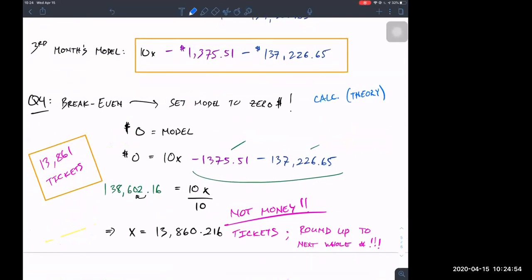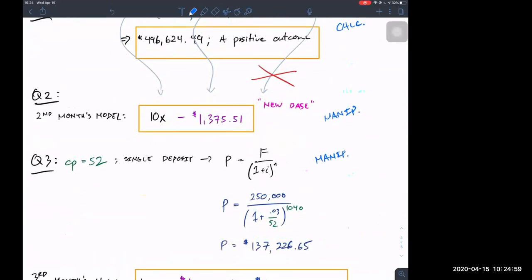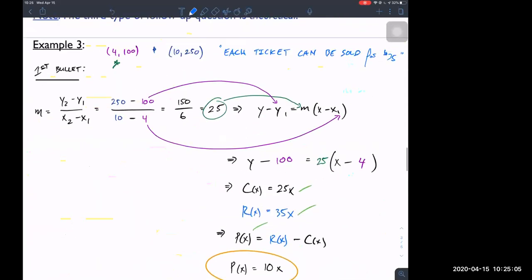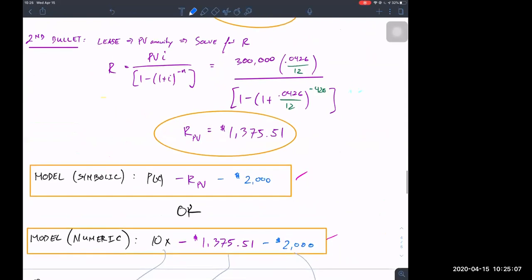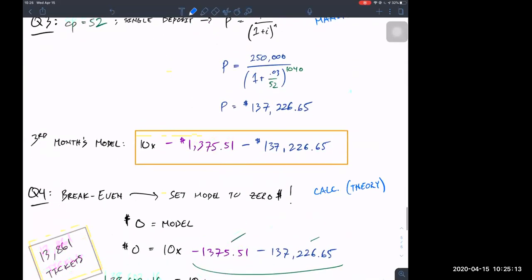So you can see that these 4 follow-up questions, right? Even though they do involve the model, they do not contribute to the model. You must construct the model as I've written out here, first bullet, second bullet, third bullet. Get your model first, and only then you can answer these questions here.